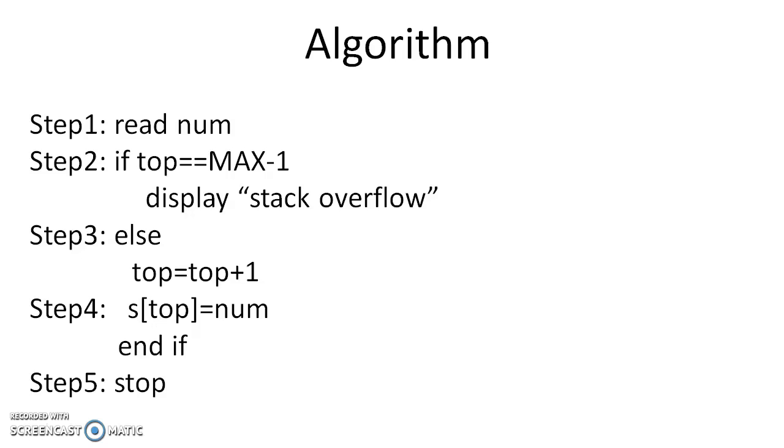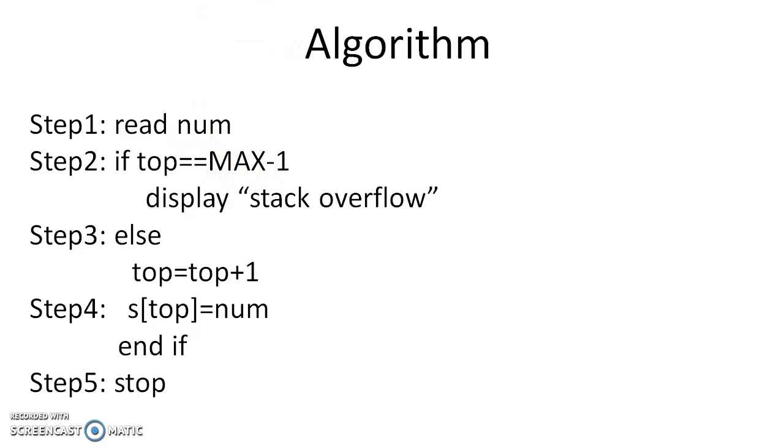If you see the algorithm, we are reading the number to insert, and if the top is equivalent to maximum -1, that is the maximum size of the stack. Because an array is a static implementation, we make the size of the array fixed.